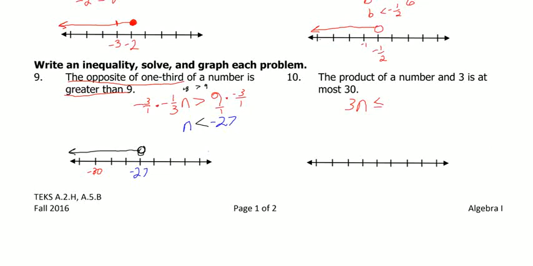Alright? So we divide each side by 3. That's going to be n less than or equal to 10. So we've got a 10 there. We're going to have a closed dot. And n needs to be smaller. So we're going to go to the left. And there it is.